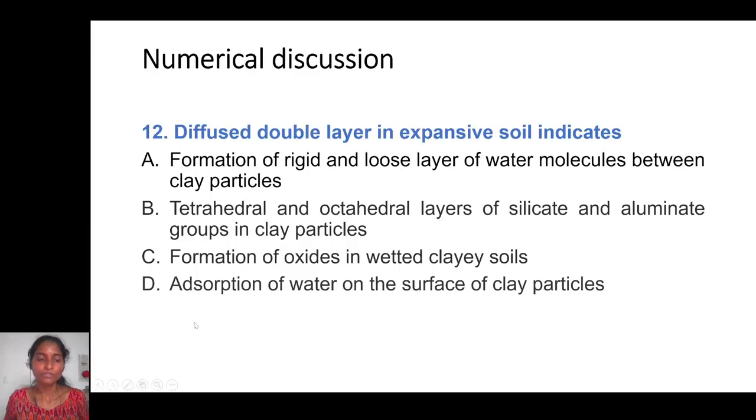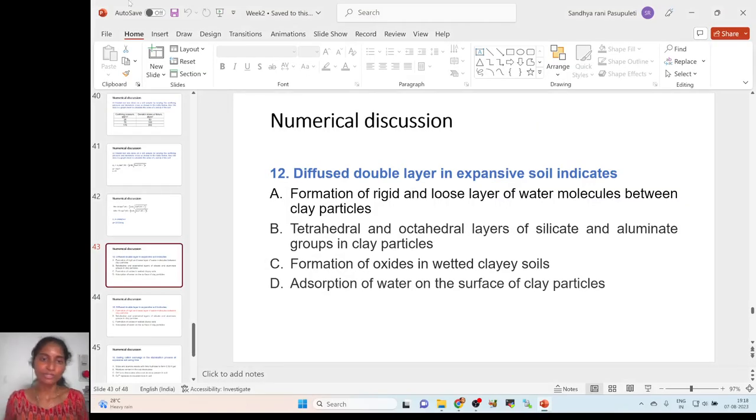So which option do you all think is correct? You can have a look at once. When I say diffuse double layer, is it only the adsorption of water on the surface of the clay particles, or the formation of oxides, or the tetrahedral and octahedral layers? You can even guess also.